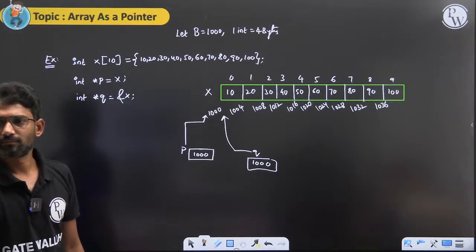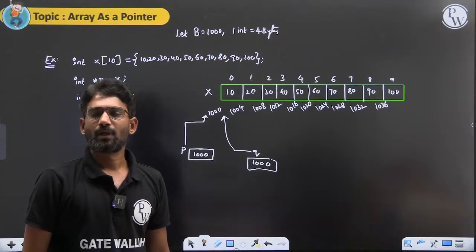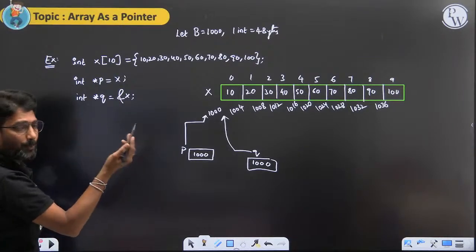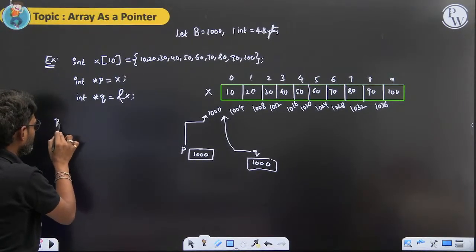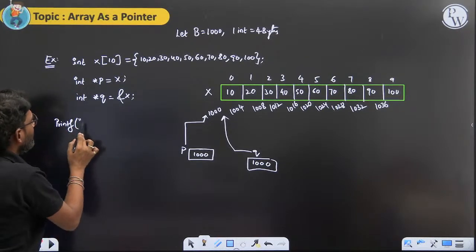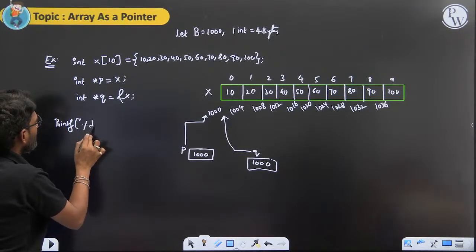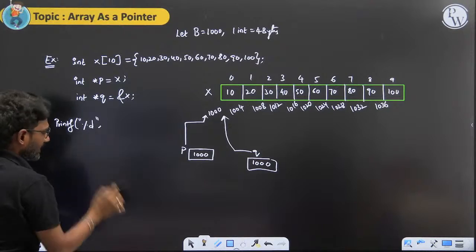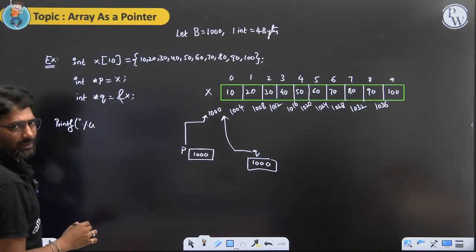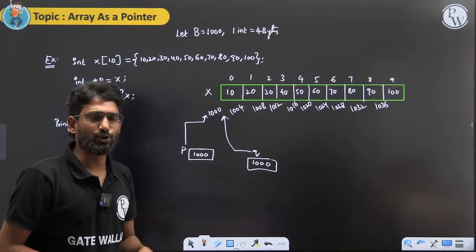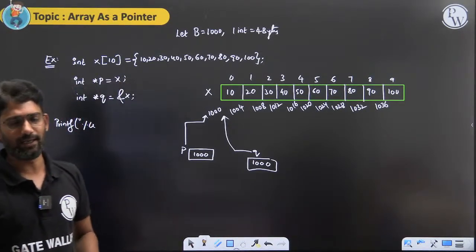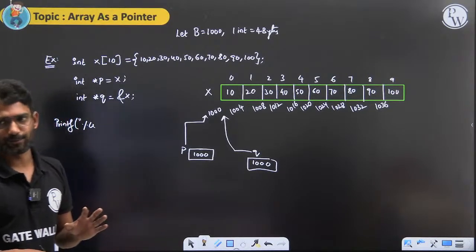Now you see, suppose I try to print P, like %d comma %u comma. Why am I writing %u? Because I am printing the address. So I can use %p or %u, that is indicating unsigned integer.